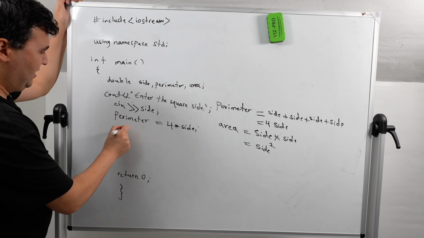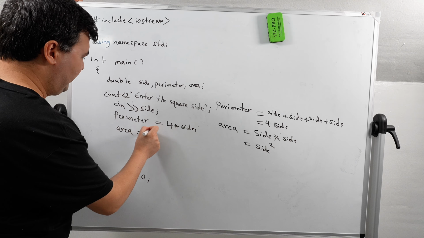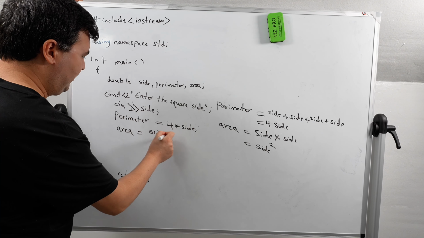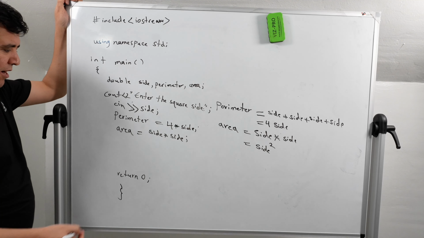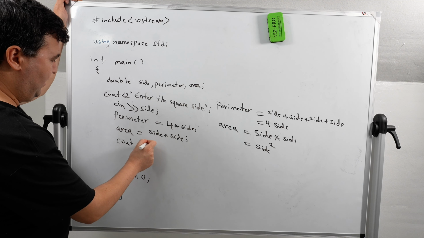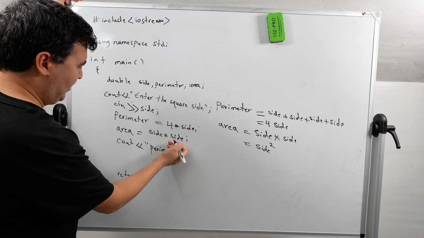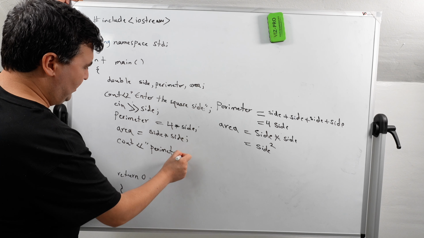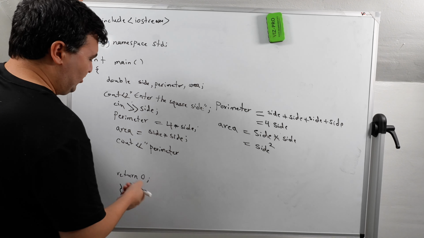And now the area is equal to, the formula is side times side. And now I can cout. I can say perimeter, or I can say square perimeter.